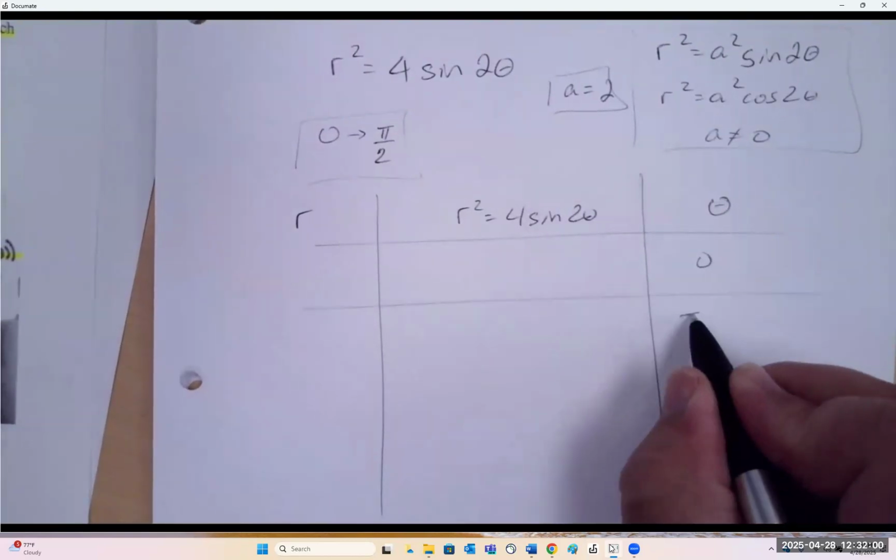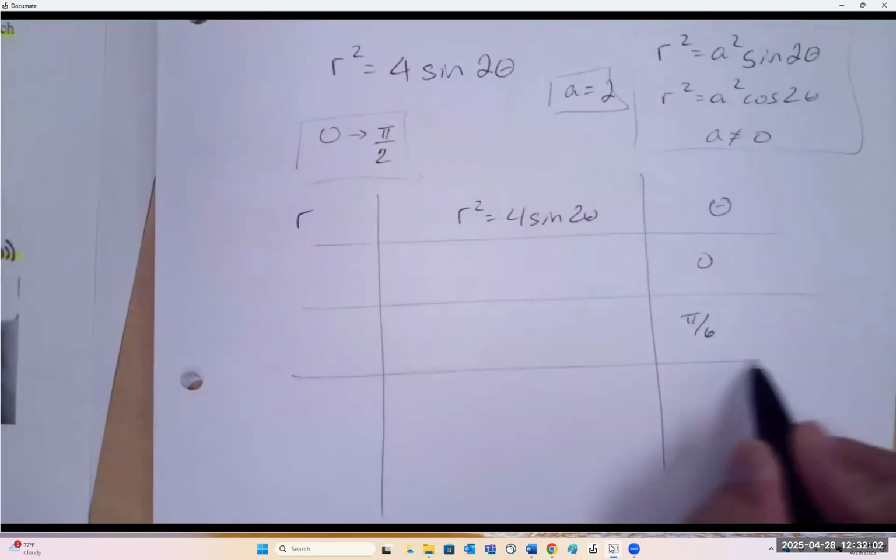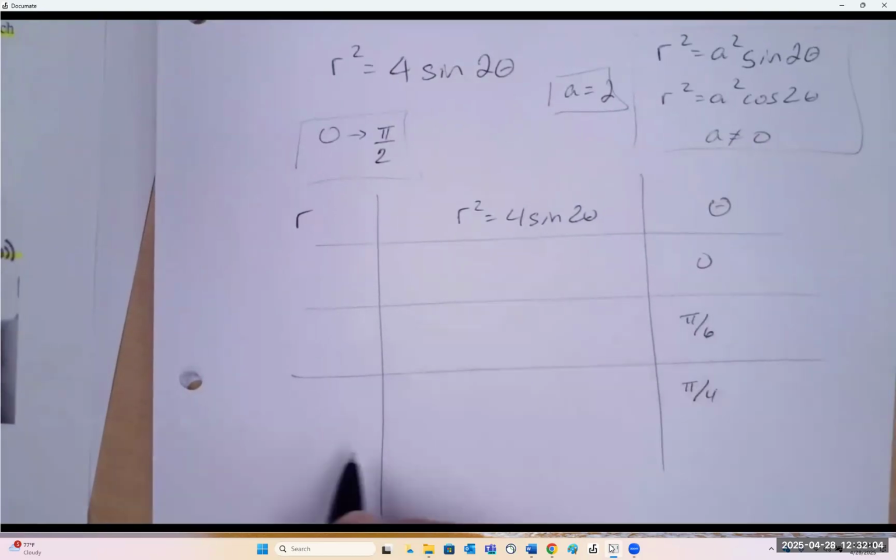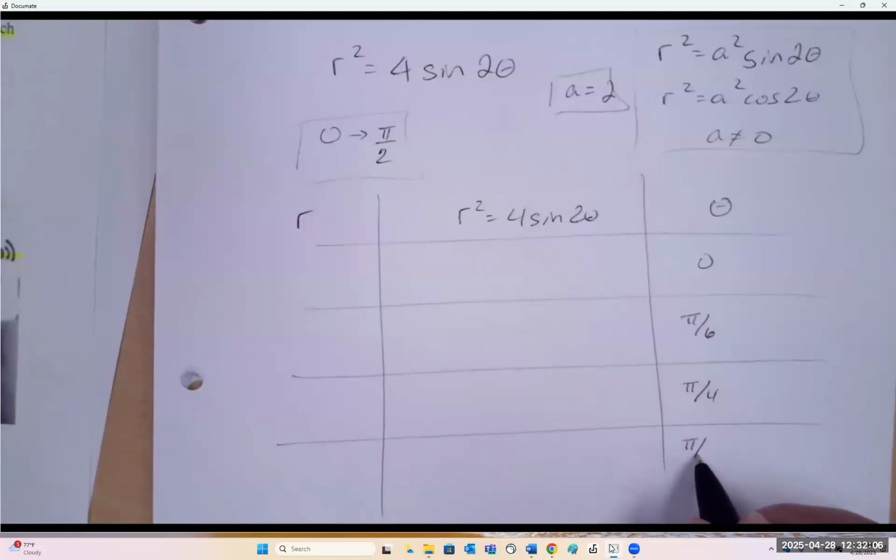We'll look at 0, pi over 6, pi over 4, pi over 3, and pi over 2.